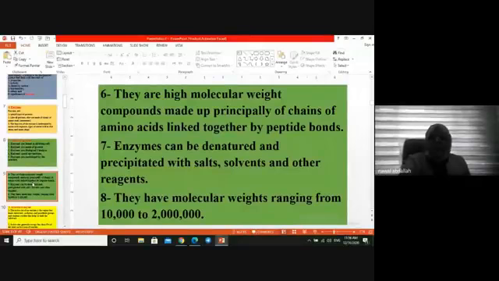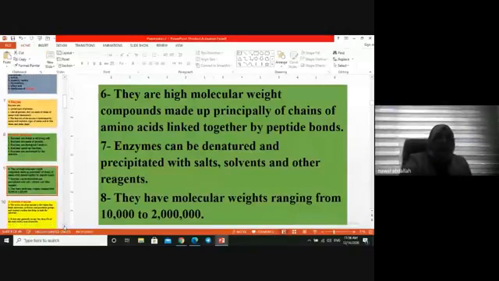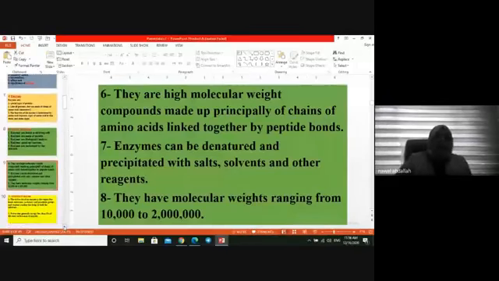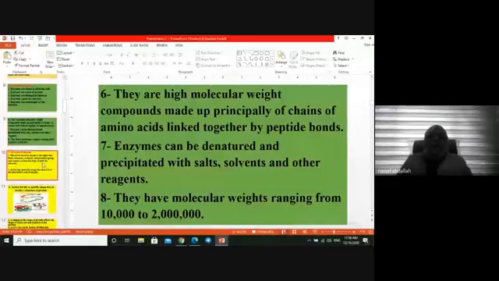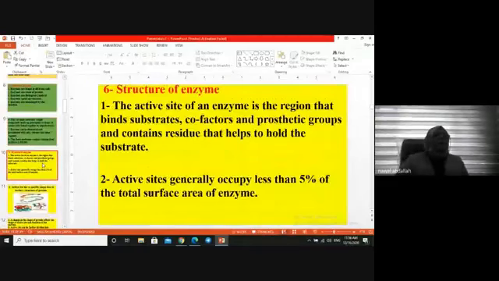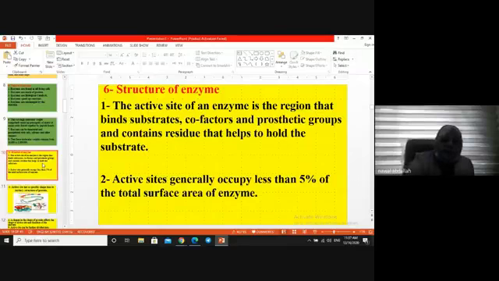They have molecular weights ranging from 10,000 to 2 million. The structure of an enzyme consists of the active site, which is a region or depression on the surface of the enzyme.